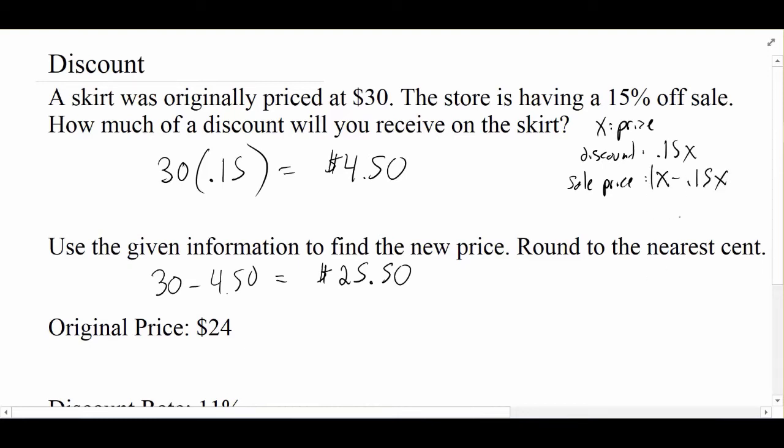And if I thought about this in terms of combining like terms, then 1 minus 0.15 gives me 0.85X. And you can think about this as saying, if you're going to take 15% off, then that means I'm left paying for 85% of it. So instead of turning this into a two-step problem, I can just start off by saying, let me figure out what 85% of it is, because that's how much I'm paying.